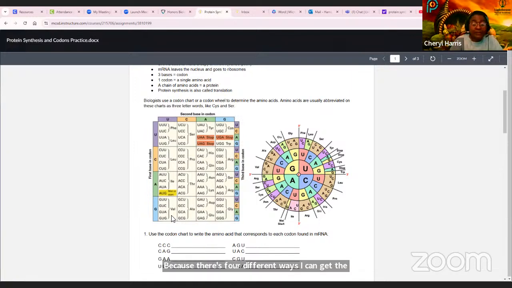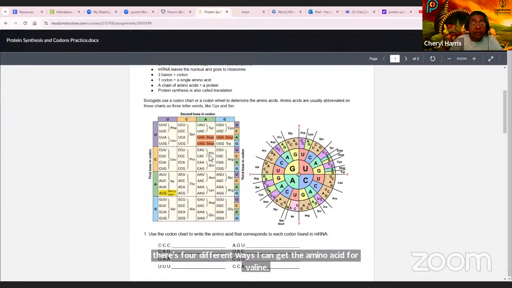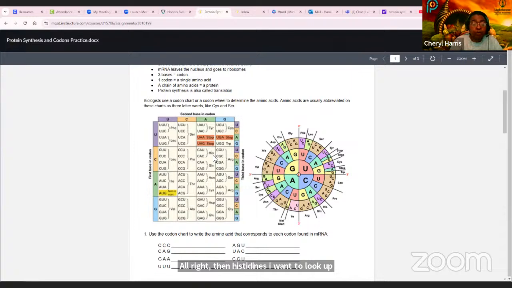All right, then histidine. I want to look up HIS, and I find that it is in the second row, third column, and it is bracketed off. There's only 2 codons that will code for histidine. So I just want to write those 2.